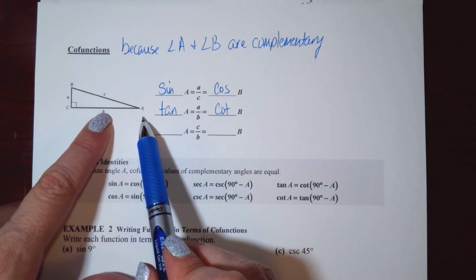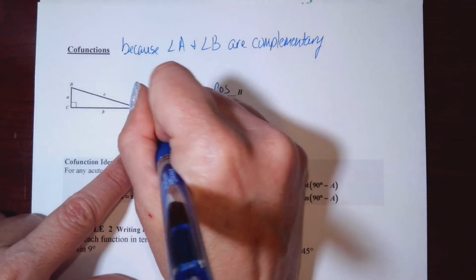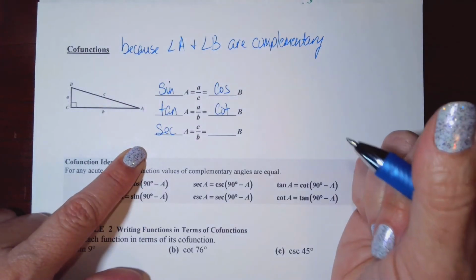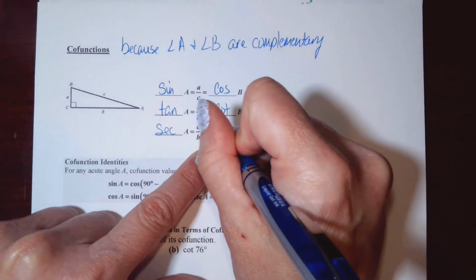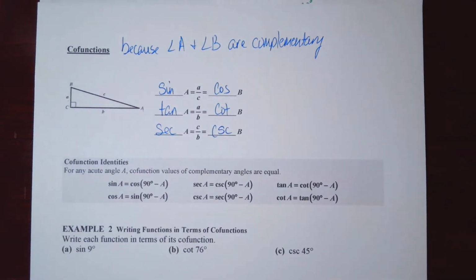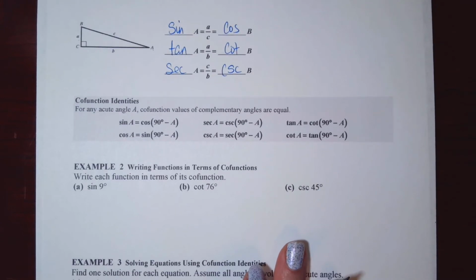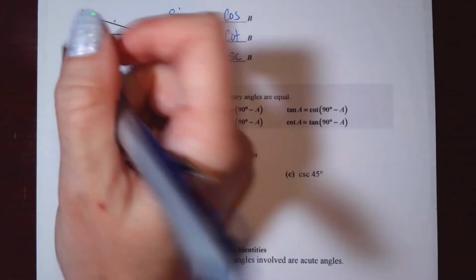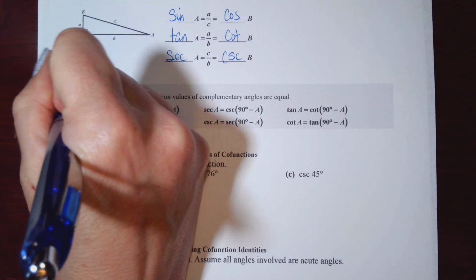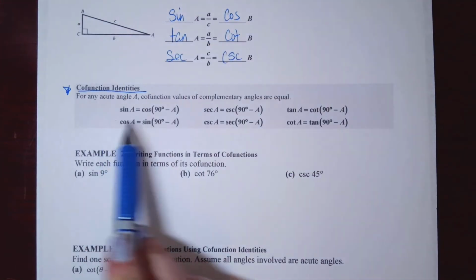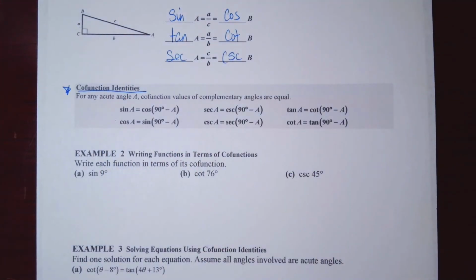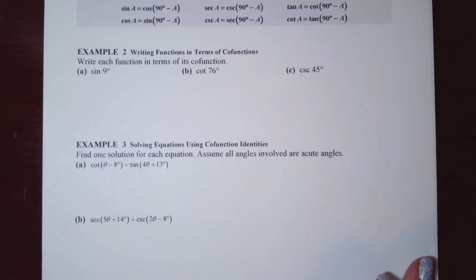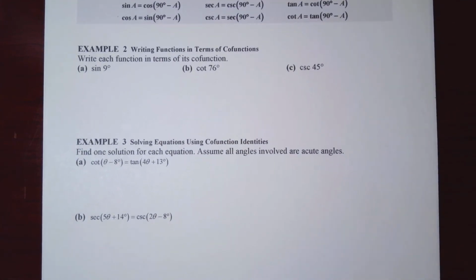Adjacent over hypotenuse would be cosine, so hypotenuse over adjacent is going to be secant, which means this one is going to be cosecant of B. So those are my cofunctions. Cofunctions of complementary angles are equal. And there is my definition for my cofunction identity, as well as that list that shows up on your identity sheet.